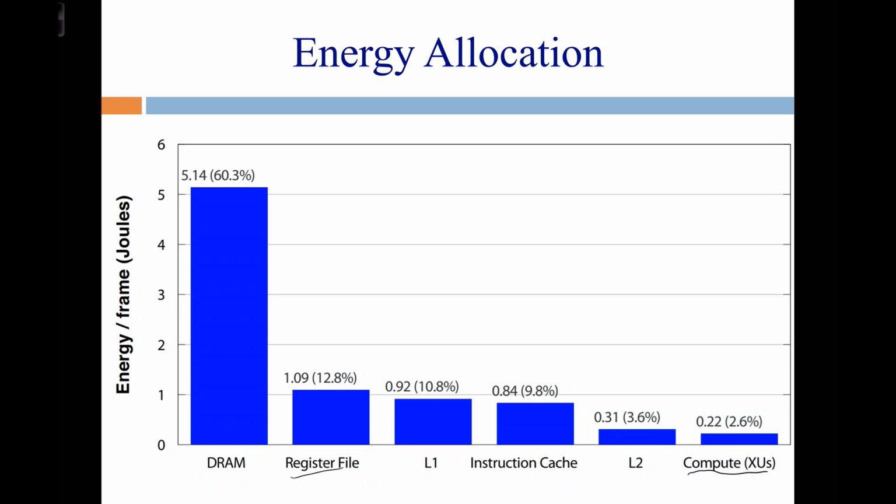So the registers, the L1, DRAM, and so on. And we can see that the computation is only 2.6% of the energy spent. And by energy, I mean actual joules, physical energy. And most of the energy is spent in DRAM, and lots of it is spent in other areas of memory.